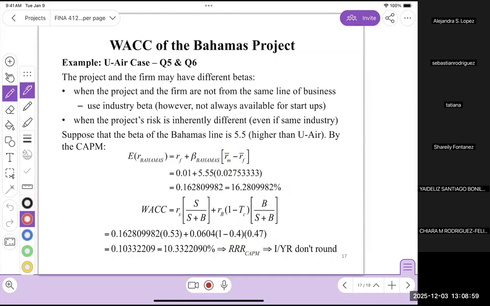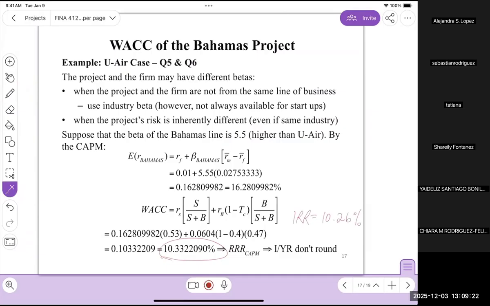You get 10.32%. So we see that if the Bahamas line beta is as high as 5.5, we no longer accept the UAir project. If you remember, the cash flows didn't change. We're going to stick with those. And the IRR of the cash flows was 10.26%.